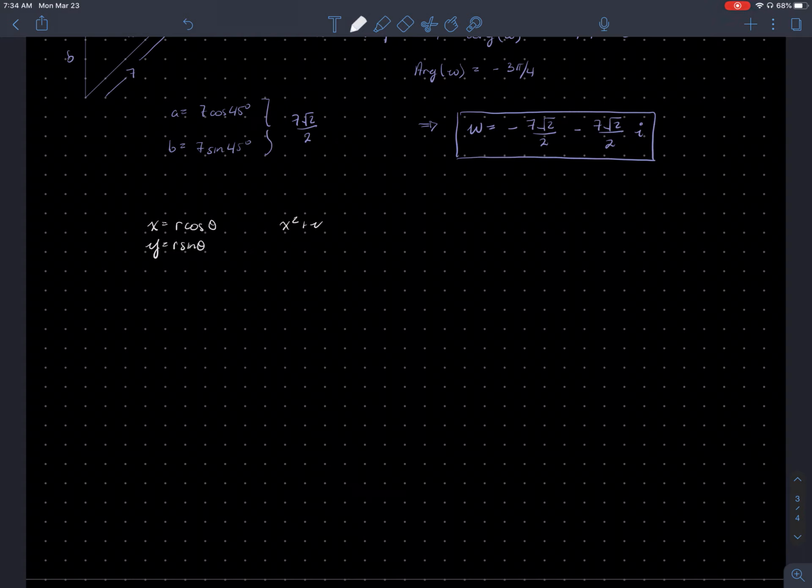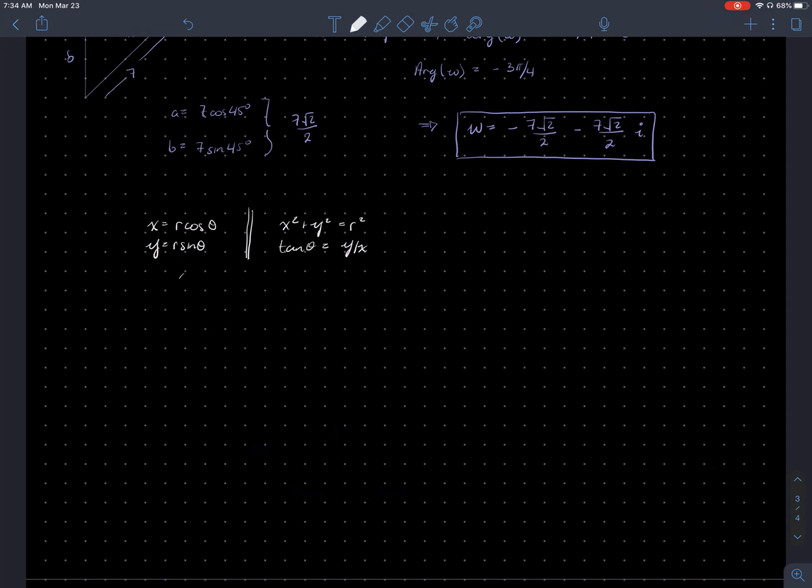And then we were using x squared plus y squared is equal to r squared, and tangent of theta is equal to y over x for converting from Cartesian to polar. Okay.